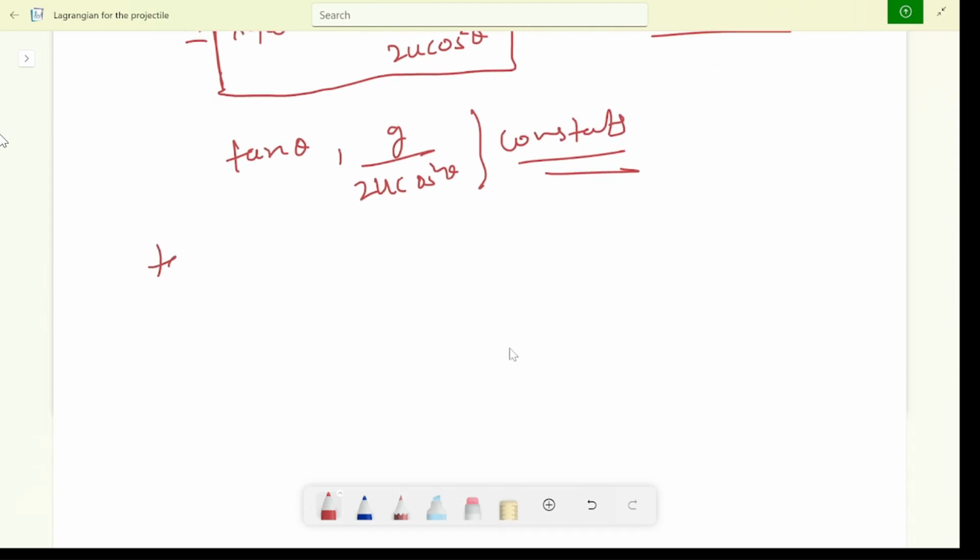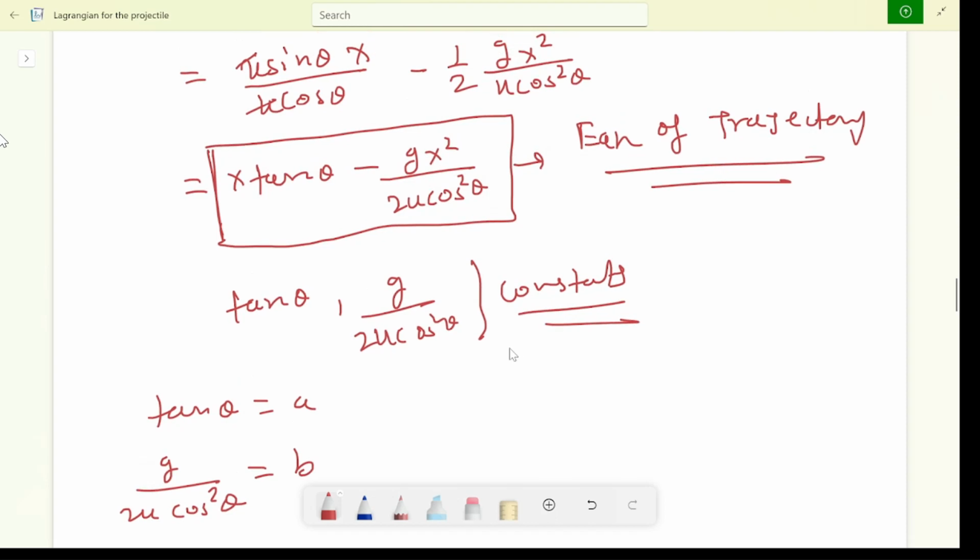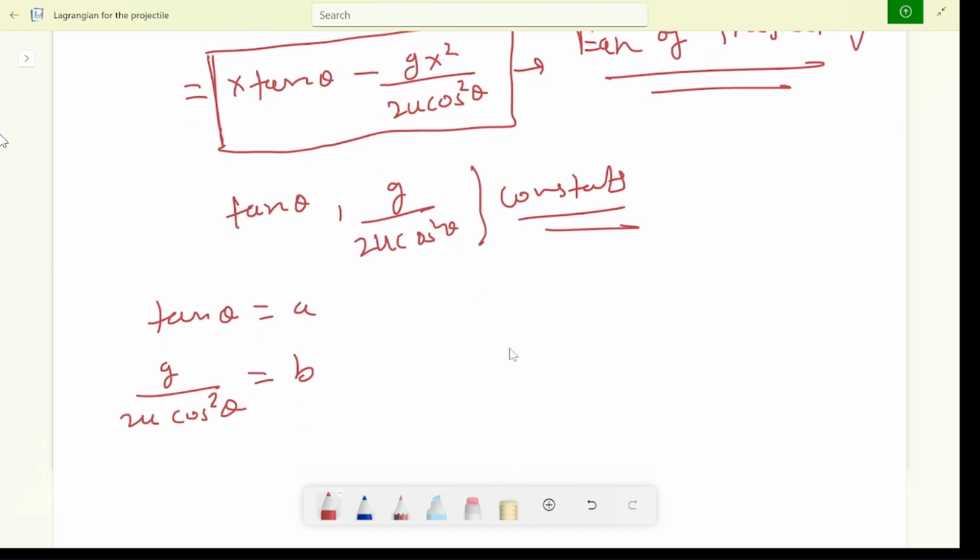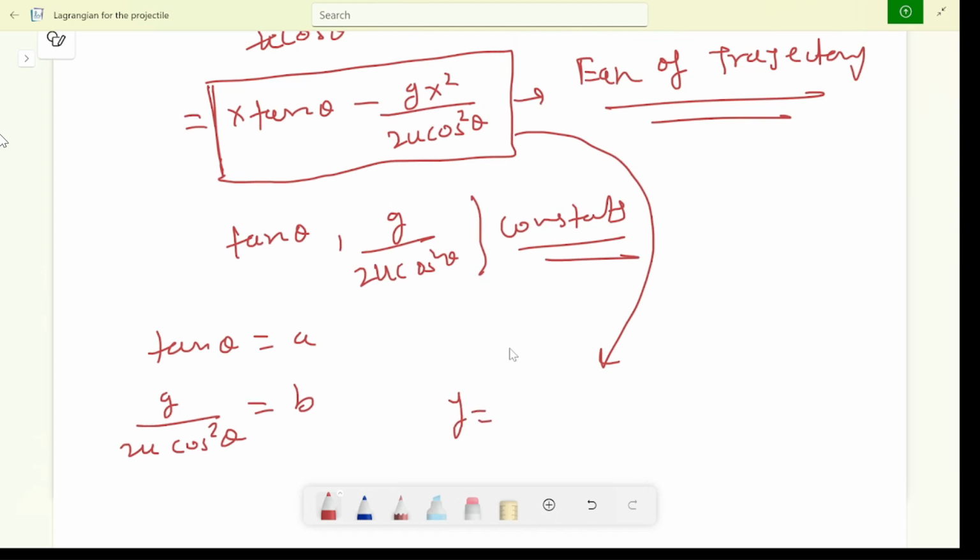So I can substitute tan theta is equal to a and g by 2 u square cos square theta to be equal to b. So upon doing that, this equation actually transforms into y equals ax minus bx square.